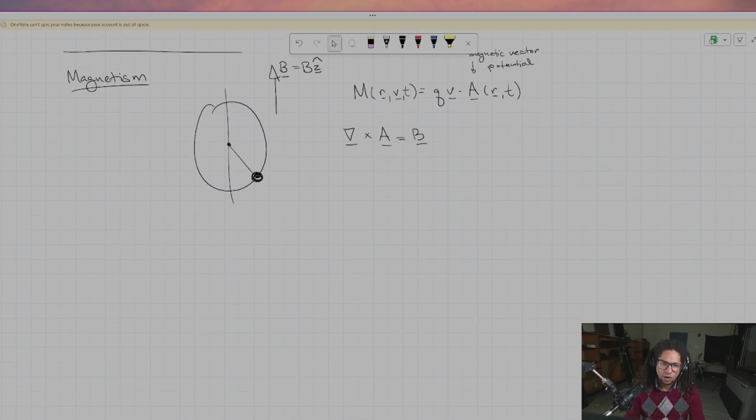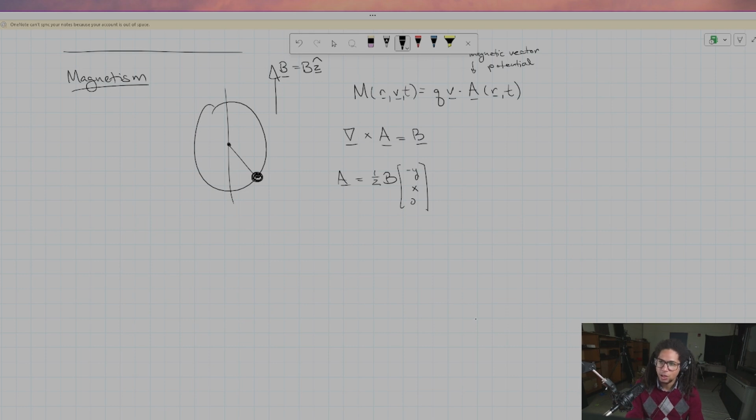Now, I'm not going to work out all of the details right here, but what we can pick is A is equal to a half that comes outside, and then B, which is our constant strength of the B field, and then we get minus y, x, and 0 in the z direction.